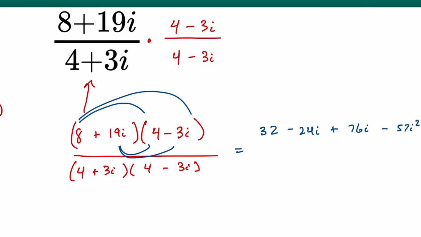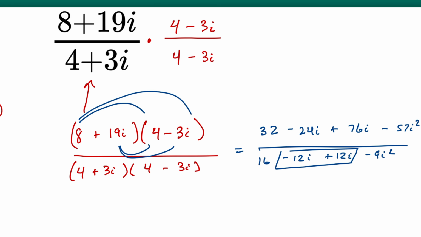Okay. Over 16 minus 12i plus 12i minus 9i squared. And again, you can see we get this canceling out in the middle. That should let you know that you did the complex conjugate correctly, okay? Or at least mostly correctly.